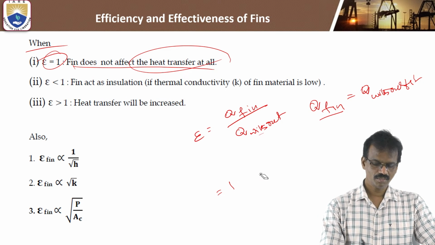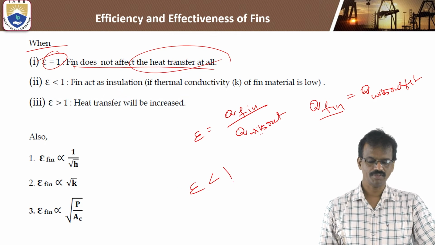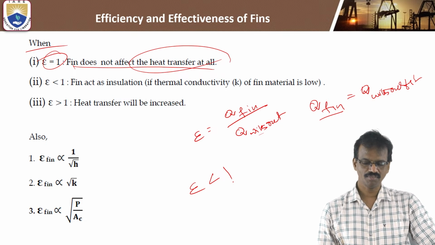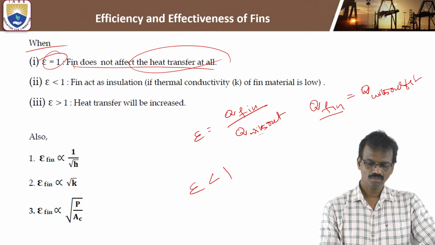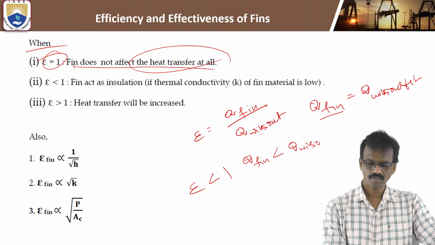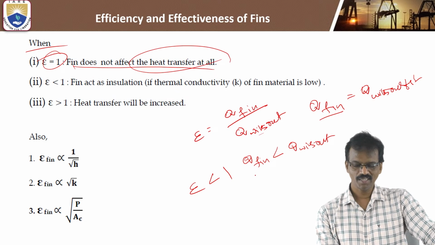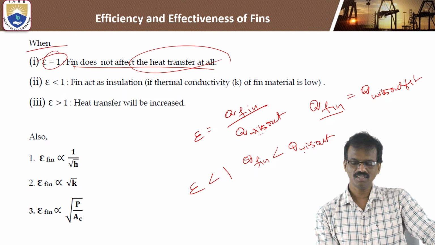Next, condition 2. Suppose effectiveness is less than 1. It means Q fin is less than Q without fin. The rate of heat transfer when the fin is added is less than the rate of heat transfer without fin.